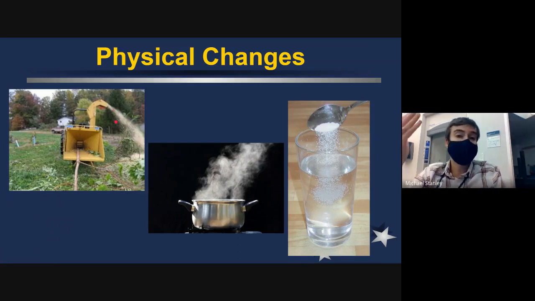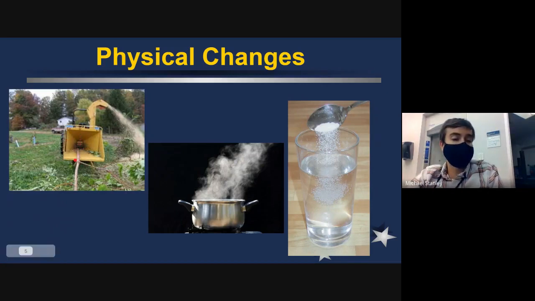But it's still the same wood, right? There's not any sort of chemical reaction inside the machine that changed it into something different. It just went from one big piece of wood to a couple million tiny pieces of wood. Still wood, but different shape means that we have a physical change on our hands.